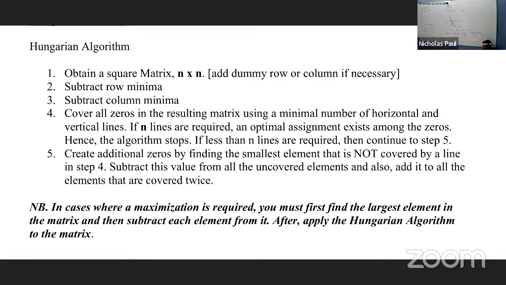Right? And remember, in cases where a maximization is required, you must first find the largest element in the matrix, then subtract each element from it, and after that apply Hungarian. So take a look at the problem first. If it says minimize, follow the 5 steps. If it says maximize, the first step is to take the largest, subtract it from all, and then apply Hungarian.